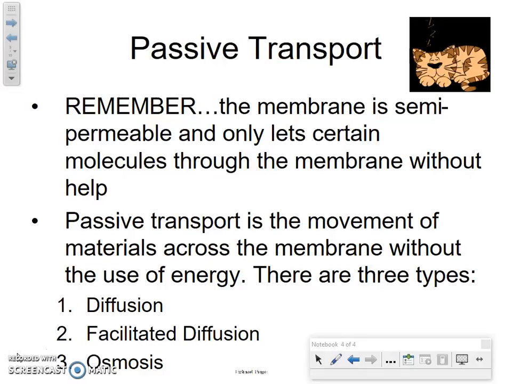When you learned this in 9th grade, you didn't use those terms, but things that can go through the membrane without help are things that are small and uncharged, and really what we mean by uncharged is either nonpolar or hydrophobic. Passive transport, again, is movement across the membrane without energy, and we're going to discuss the three types: diffusion, facilitated diffusion, and osmosis.